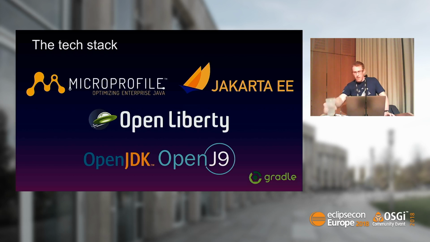On top of that, my go-to Java environment is OpenJDK on OpenJ9. If you're not familiar, OpenJ9 is the second largest open source contribution that IBM made, next to Open Liberty, of course. But it's a really good JVM.